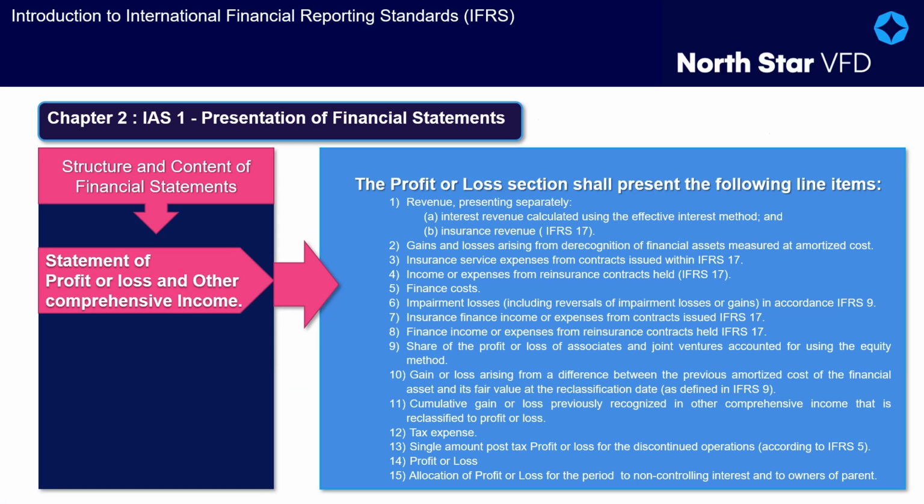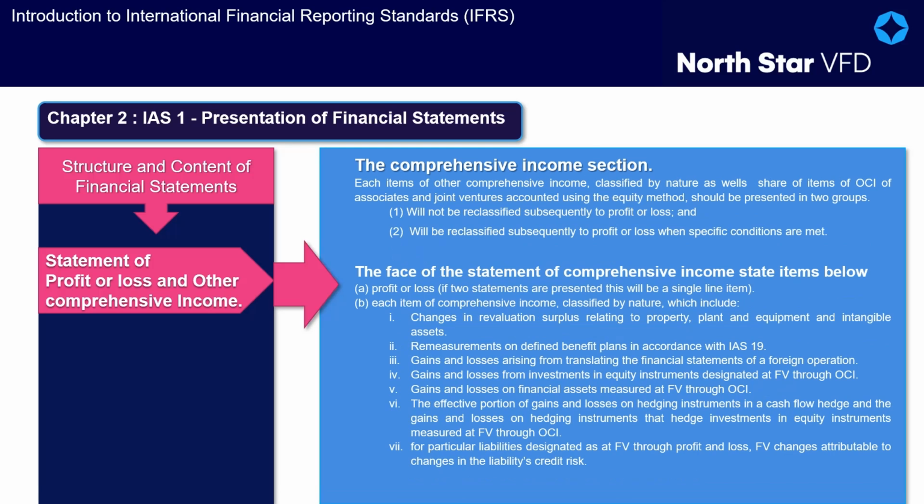A single amount comprising the total of the post-tax profit or loss of discontinued operations, and the post-tax gain or loss recognized on the measurement to fair value less costs to sell, or on the disposal of the assets, or disposal groups constituting the discontinued operation, according to IFRS 5. 14. Profit or loss. 15. Allocation of profit or loss for the period, to non-controlling interest and to owners of the parent. The face of the statement of comprehensive income.